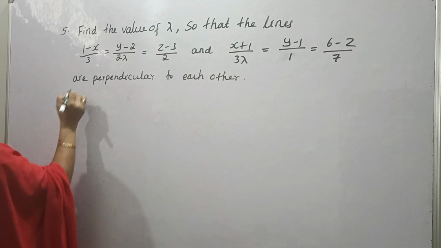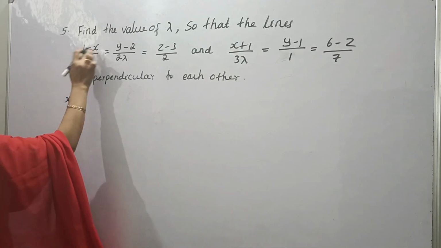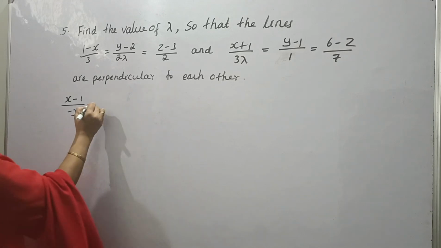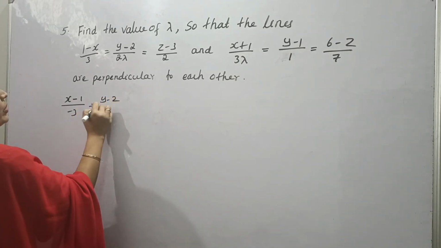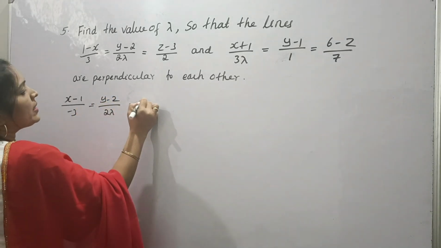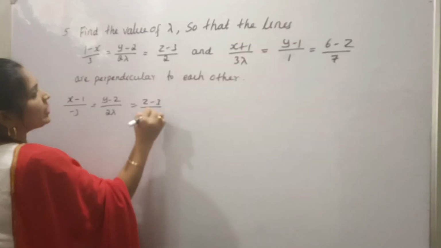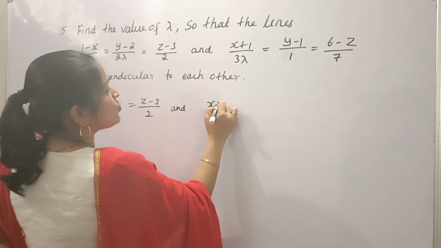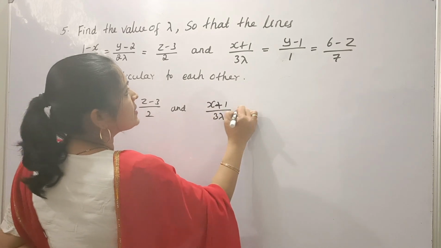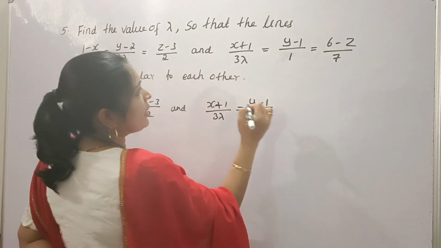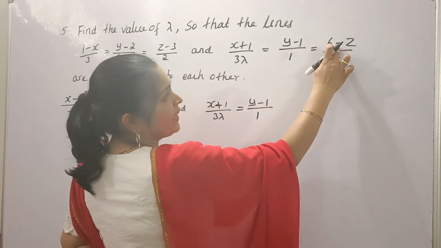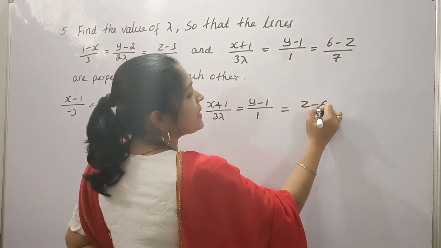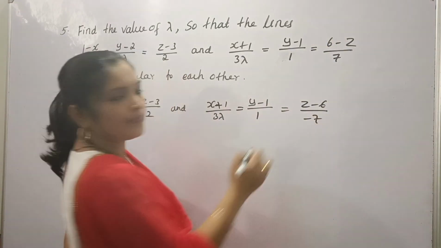So the equations of the lines are (x minus 1) divided by minus 3 is equal to (y minus 2) divided by 2 lambda is equal to (z minus 3) divided by 2, and the next equation (x plus 1) divided by 3 lambda is equal to (y minus 1) divided by 1, and here we have to change, so take minus outside, so (z minus 6) divided by minus 7.